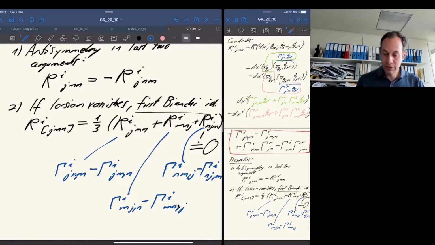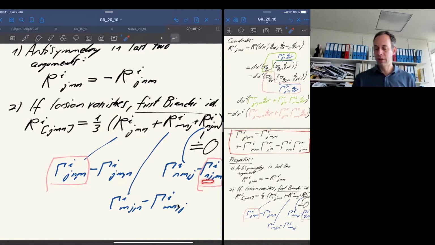And now what you can observe here already is that there are always two that appear with the opposite sign, if we assume that we are torsion free. So for example, if I look at this one, then this is essentially identical to that one, if I have symmetry in the first two lower indices of the gamma symbols. And of course, I have this symmetry if I'm torsion free.